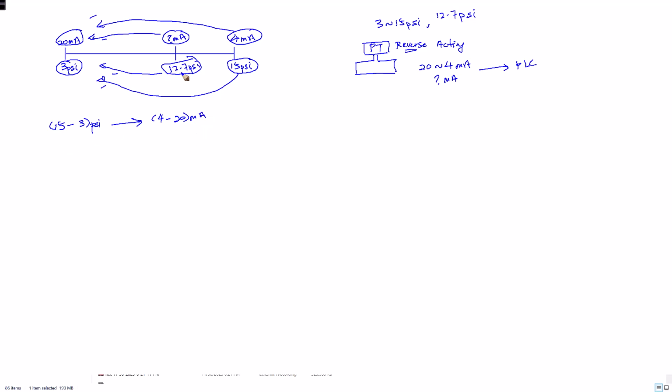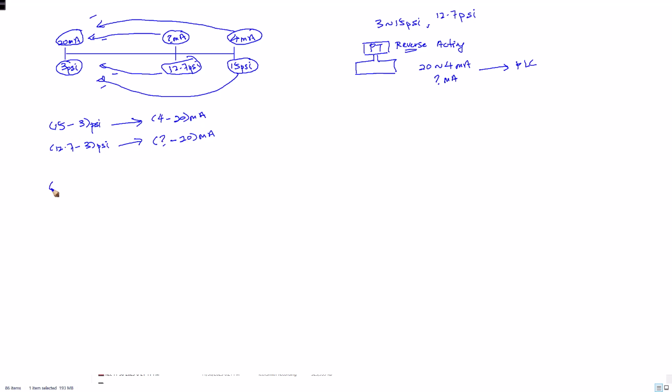And then 12.7 psi minus 3 psi is proportional to the milliamp value minus 20 milliamp. Then we can rewrite this in such a way: this divided by this value equals this value divided by this value.